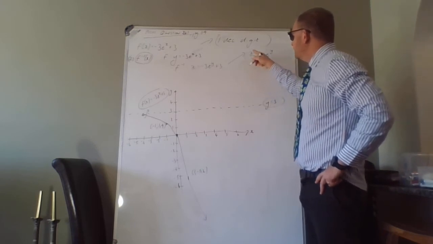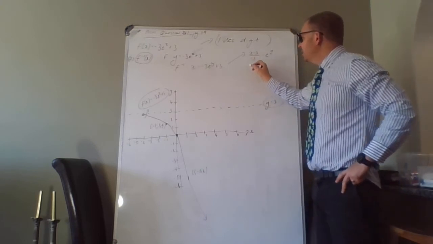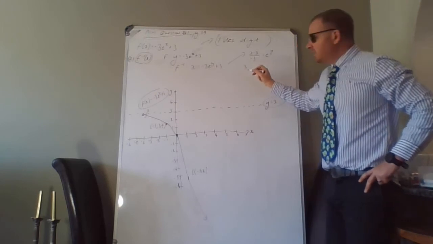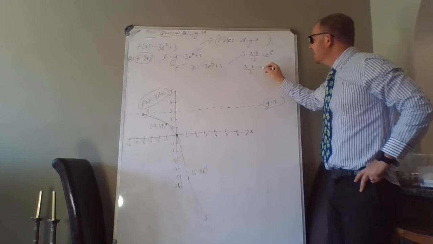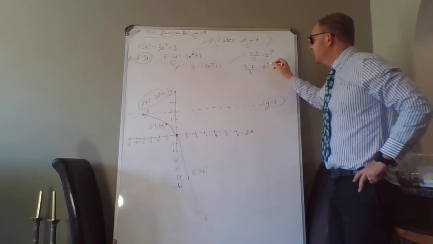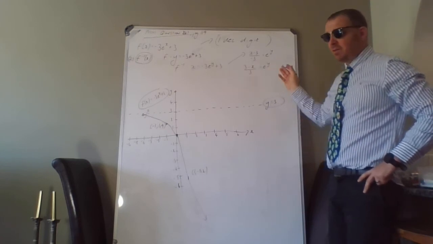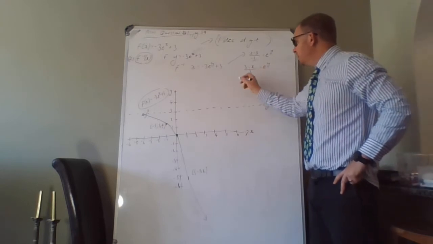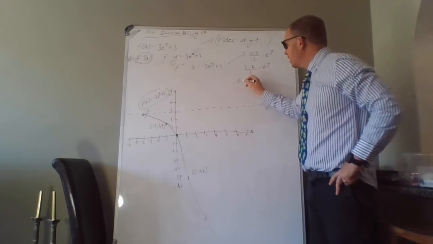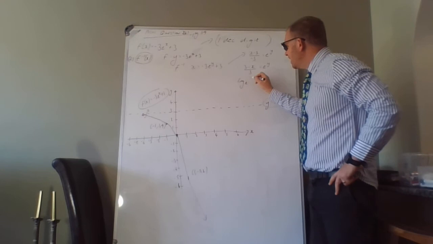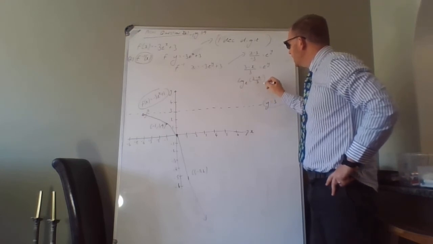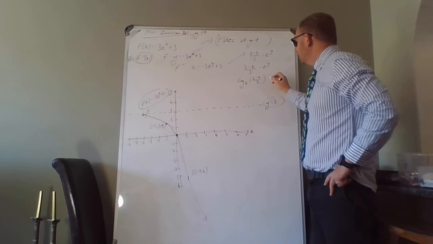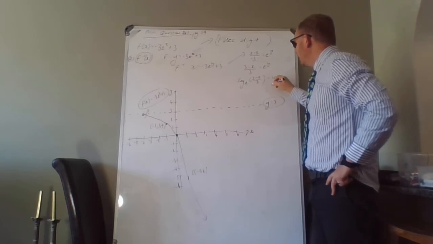Let's make that prettier by dividing the top and the bottom by negative 1. So I'm going to get 3 minus x over 3 is equal to e to the y. And now if I convert to the log form of that equation, I'm going to get log base e of 3 minus x over 3 is equal to y.